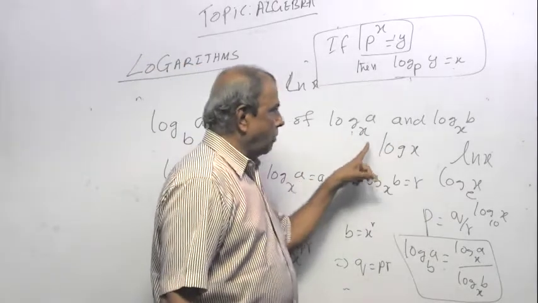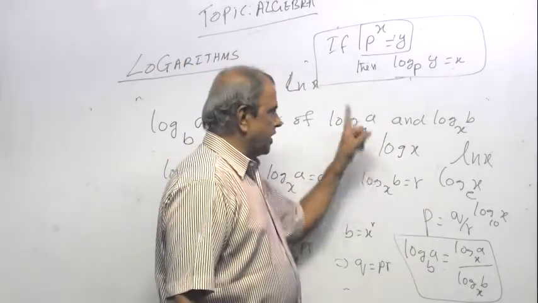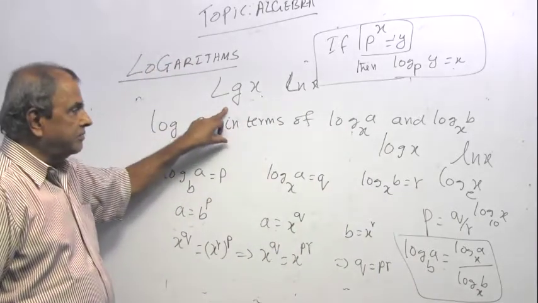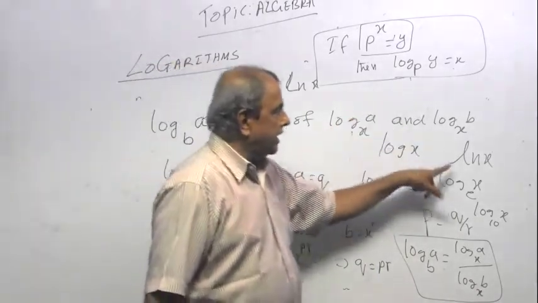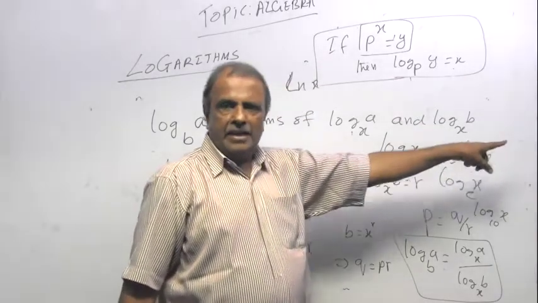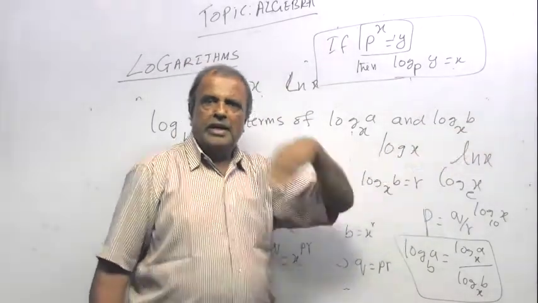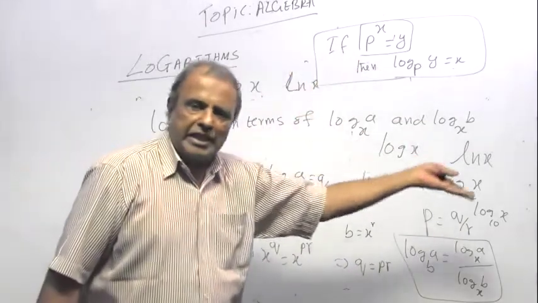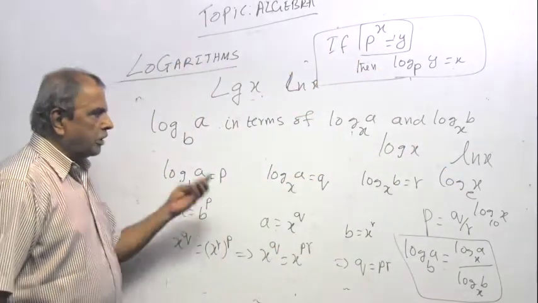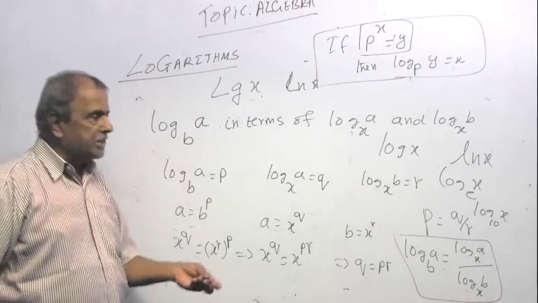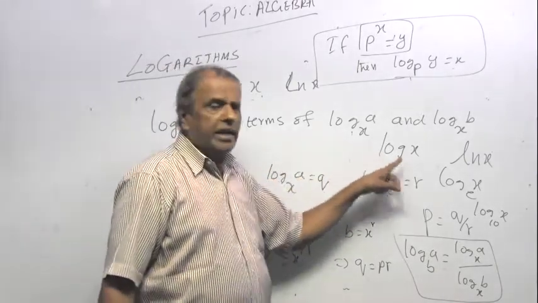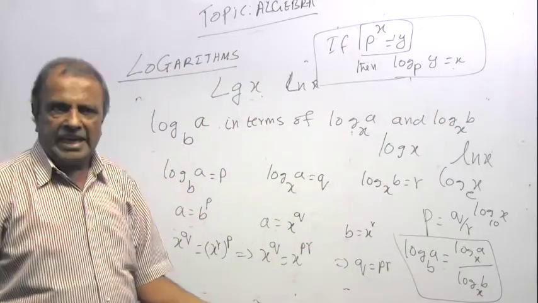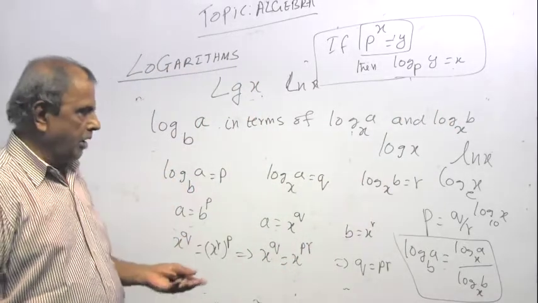If there is no base, you have mentioned log or lg, the base is always 10. If you see ln in the question or in the textbook, it's log to base e, or the Neperian, or natural logarithm. So a log without a base doesn't make sense, but by convention, when you say log, it is to base 10. When you say ln, it is to base e. You should know both. Okay?